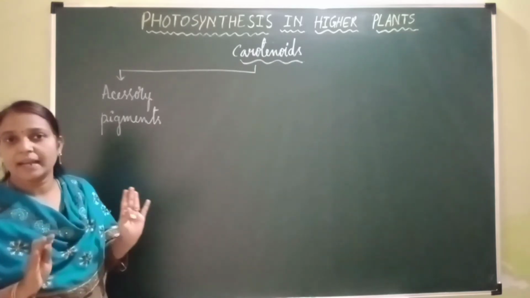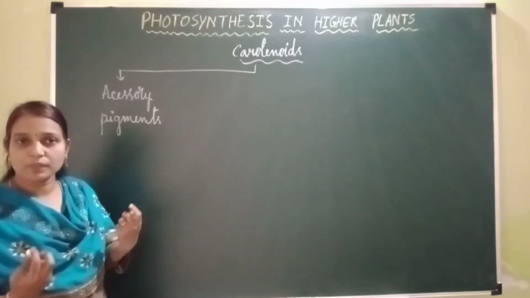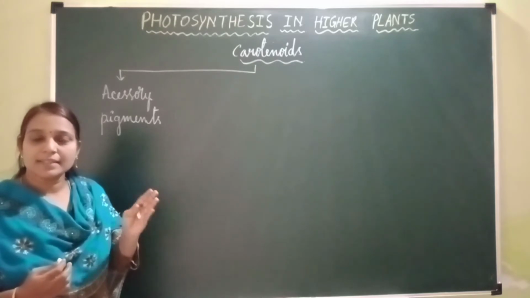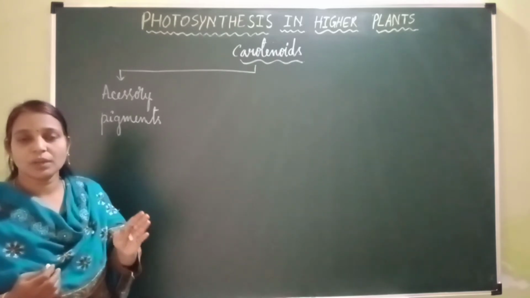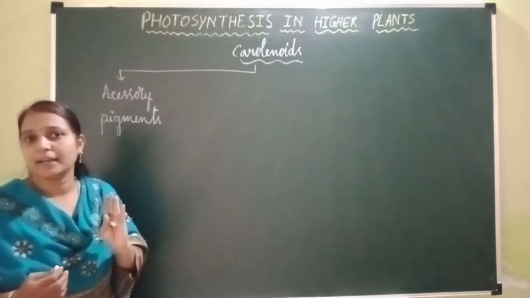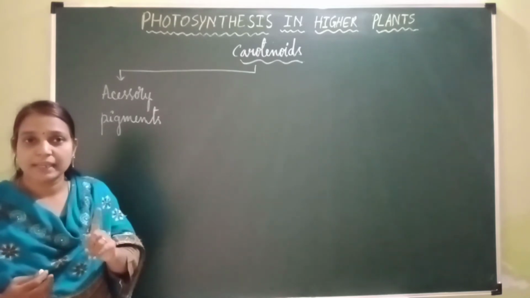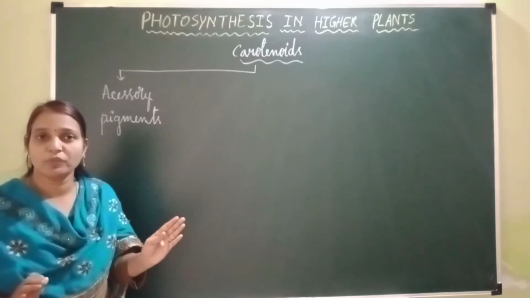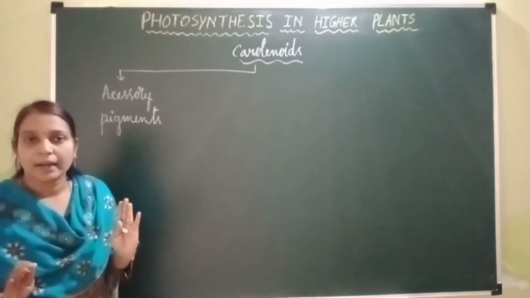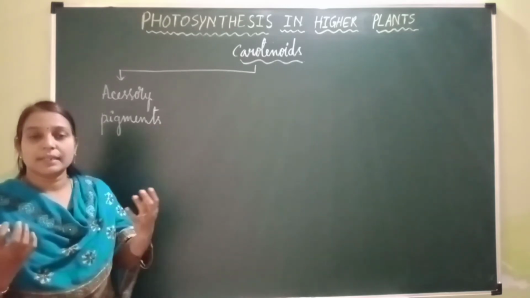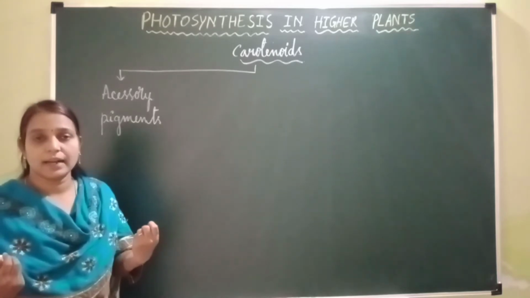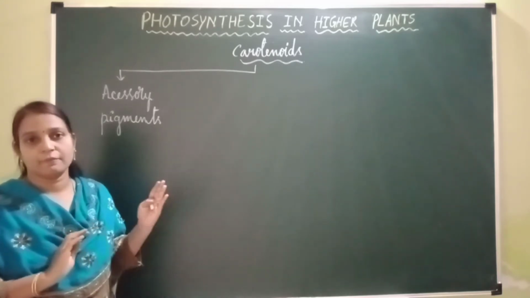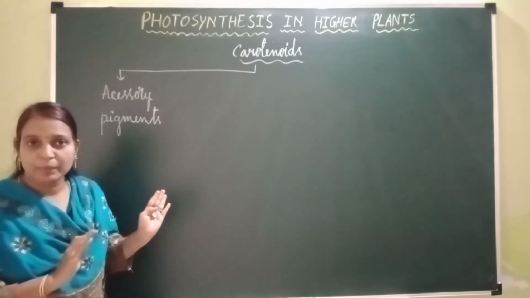All these pigments can absorb different wavelengths of sunlight, but only chlorophyll A can convert that radiant energy into chemical energy, that is ATP and NADPH. Other pigments cannot, and hence the energy absorbed by different pigments is transferred to chlorophyll A finally.